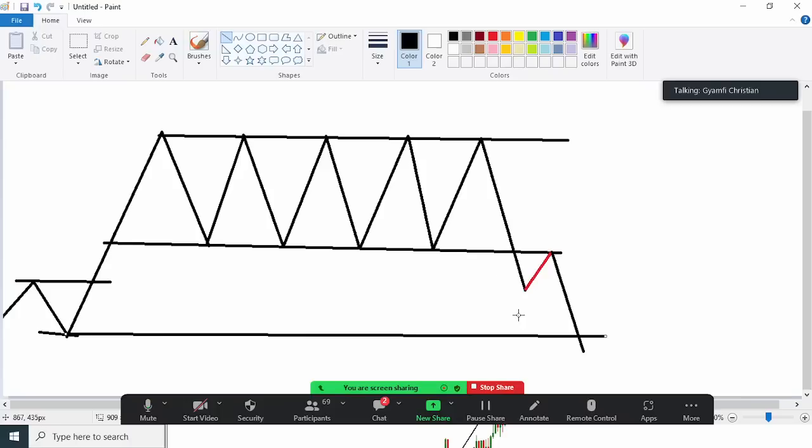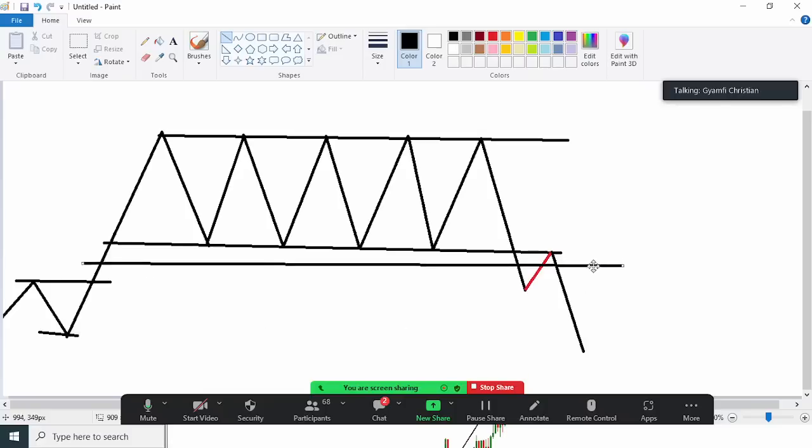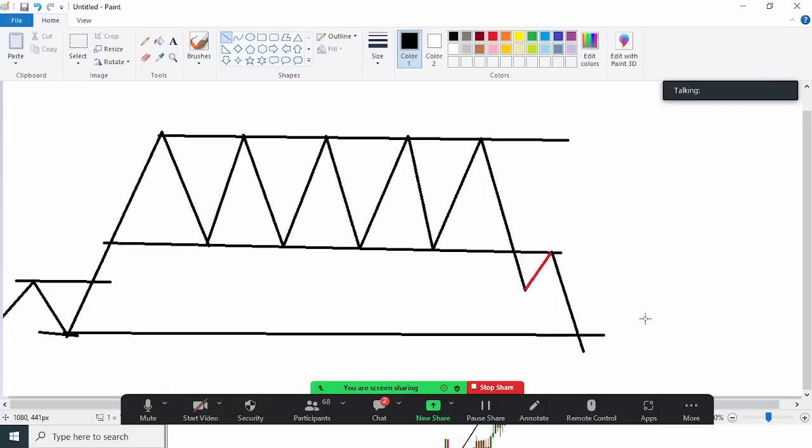This is where we expect market, the obvious or immediate one, to return for the retest. So this answers the first question.